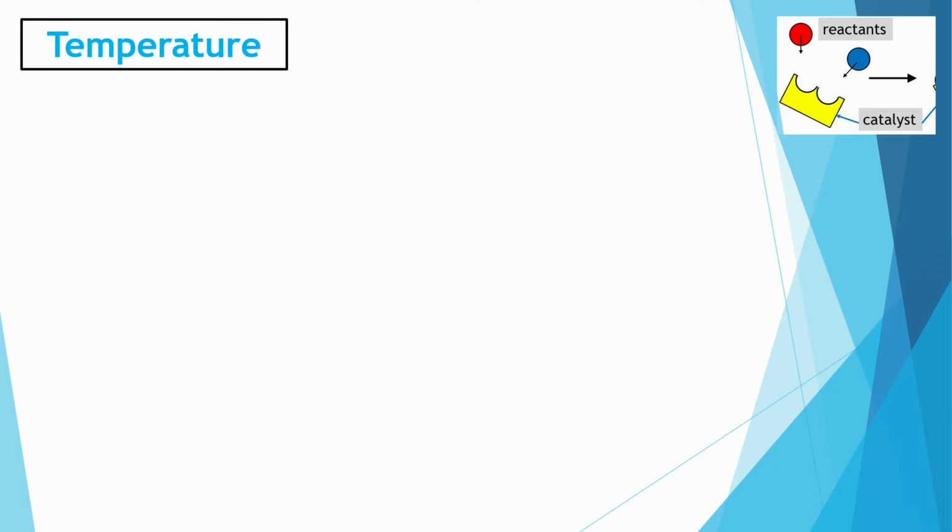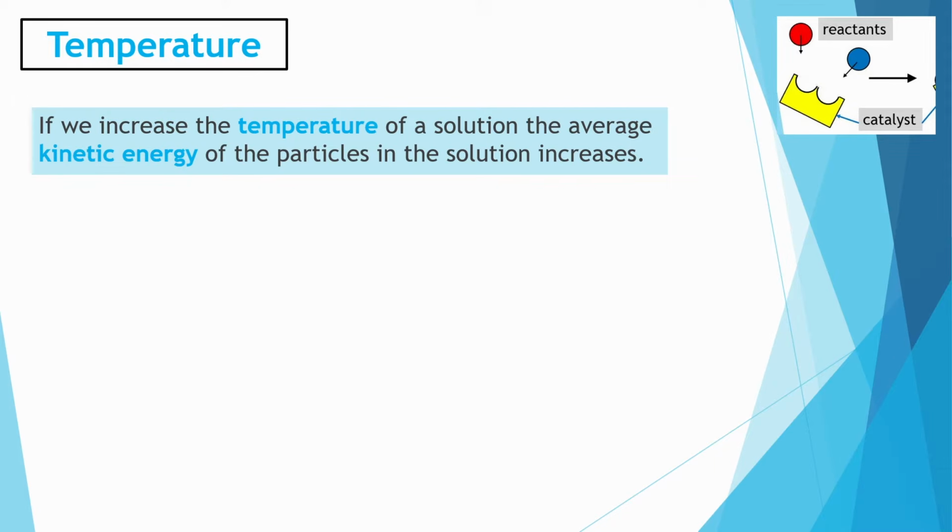What about temperature? Temperature is an interesting one because there are actually two independent factors. If we increase the temperature of a solution, say from 20 to 50, what's actually happening on the particle level is that the kinetic energy of the particles has increased.